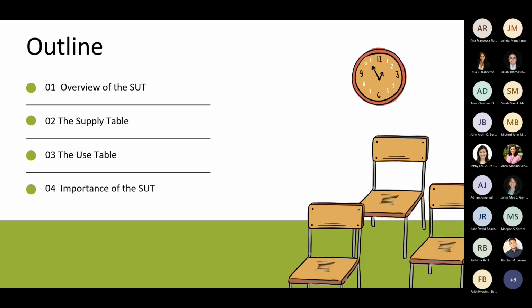For the outline of today's presentation, we'll go through the overview of the supply and use table, and then we'll each discuss the components as well as the importance of the SUT in our work.